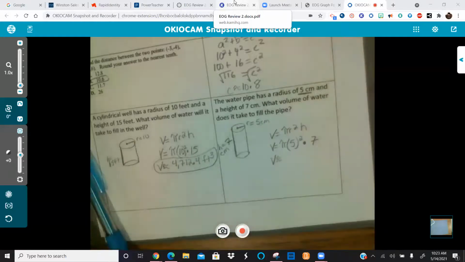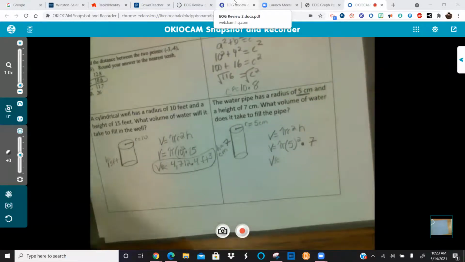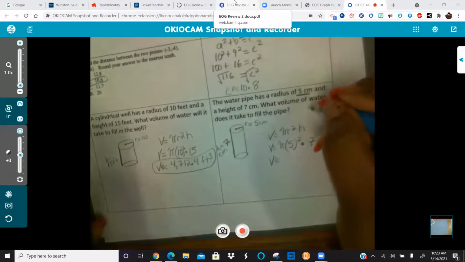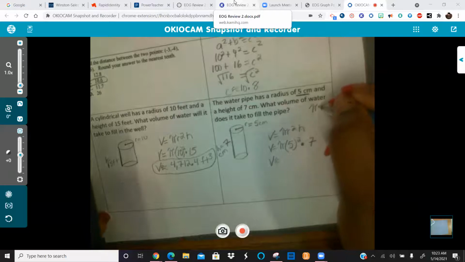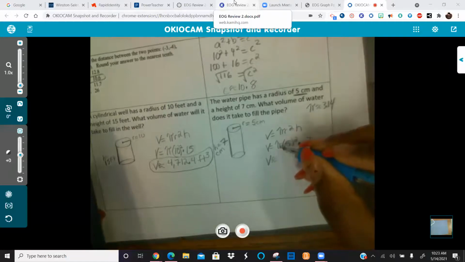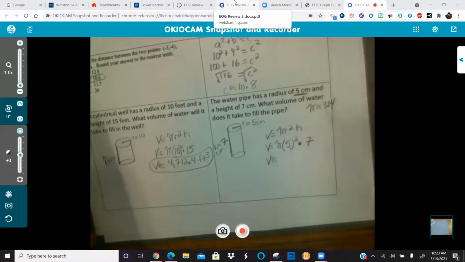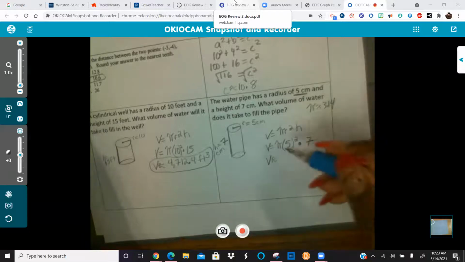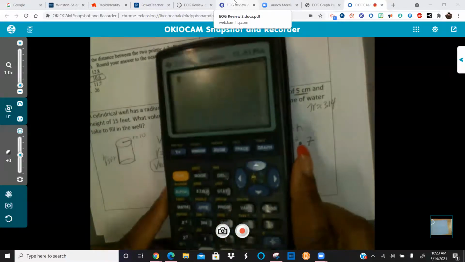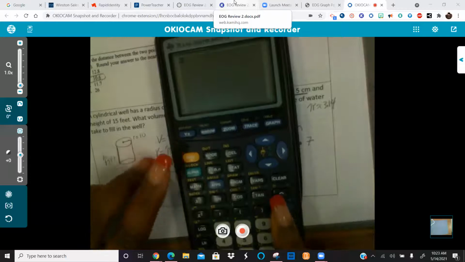Okay, so let's do this again. Sometimes they'll say use 3.14 for pi. If they tell you to use 3.14 for pi, then plug in 3.14. If they don't, and it's calculator active, then please type pi in so you can get as close to the answer as you can. All right, so we're going to type in pi. So that's going to be second, caret key, that's pi.